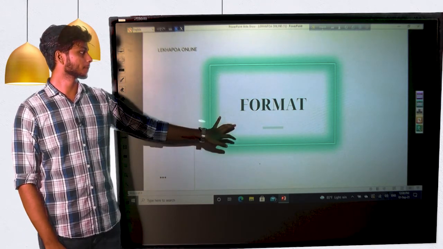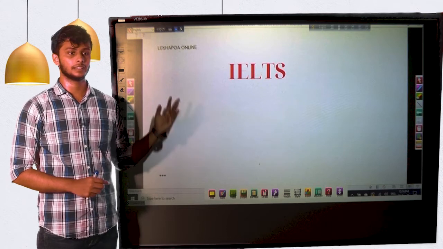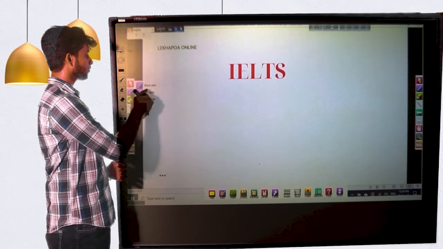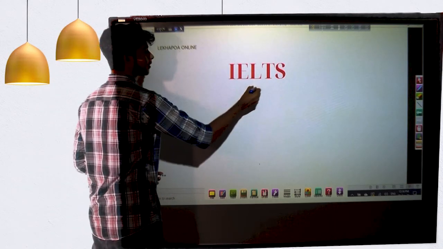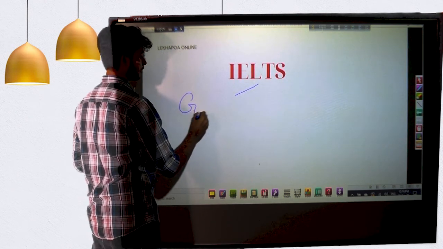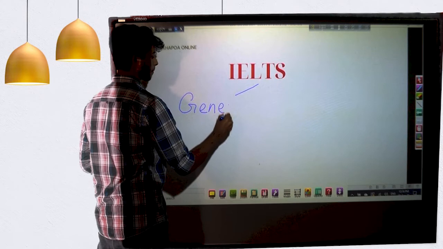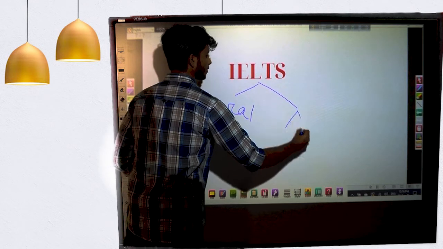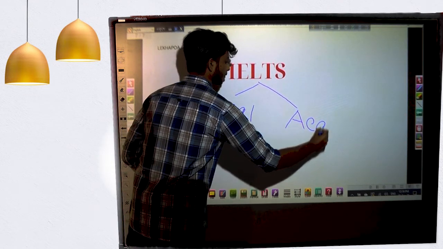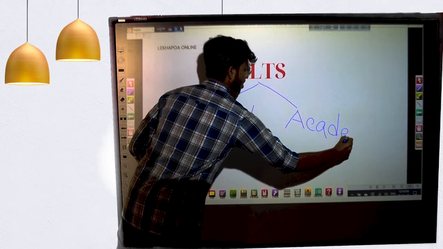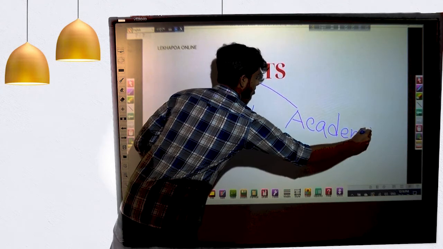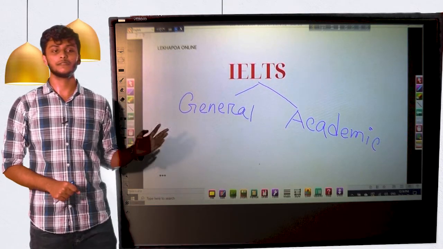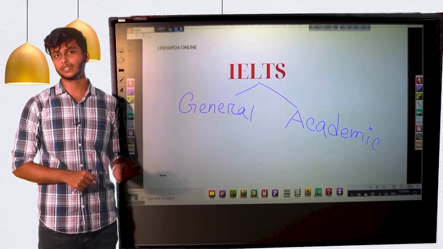So basically there are two categories of IELTS, general and academic. Let me write here. General test. Another one is the academic test. Many of us become confused about which test we should sit for.